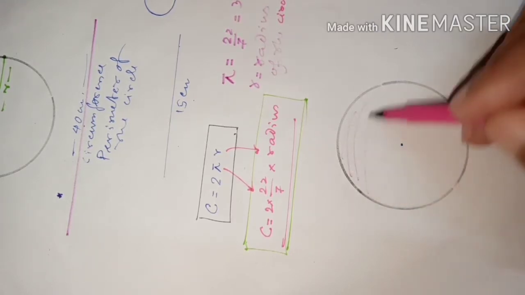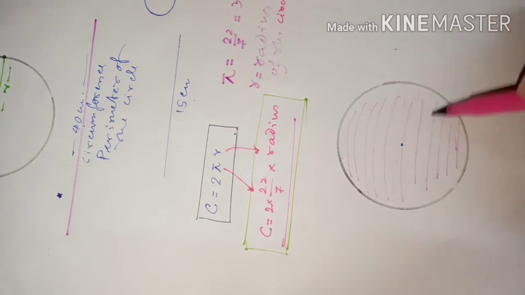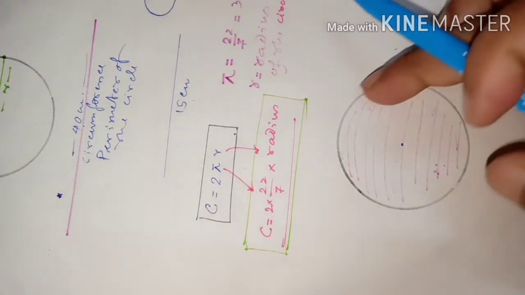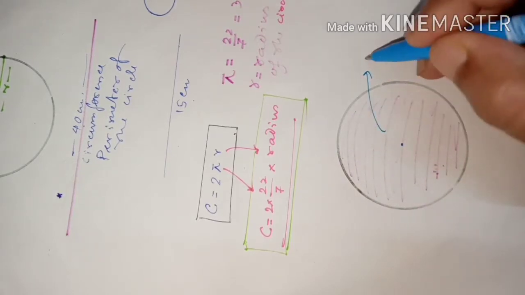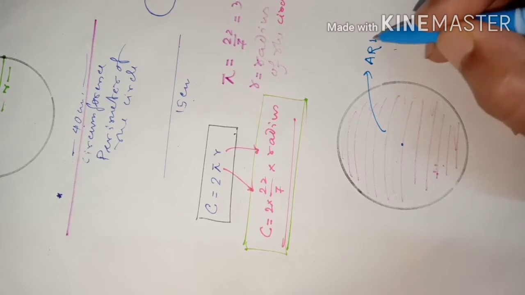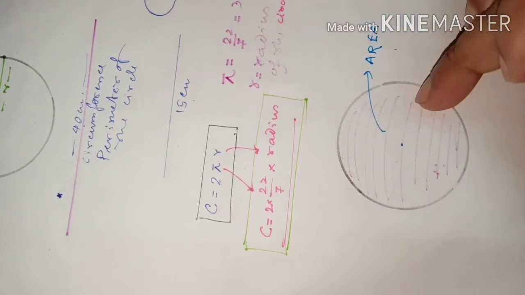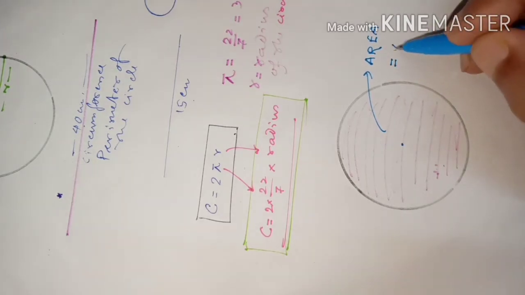This region which is enclosed by this closed ring is called its area. Area is actually the inside region of a circle, and that area is calculated by using this formula.